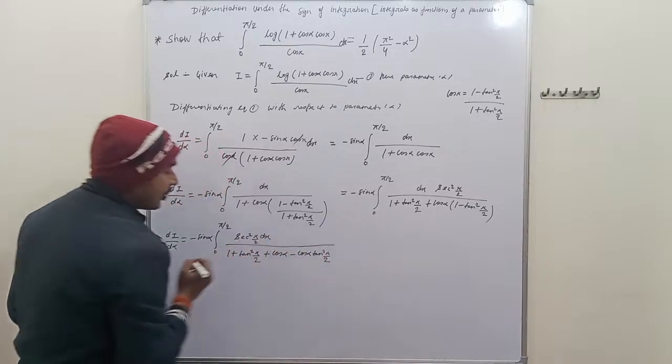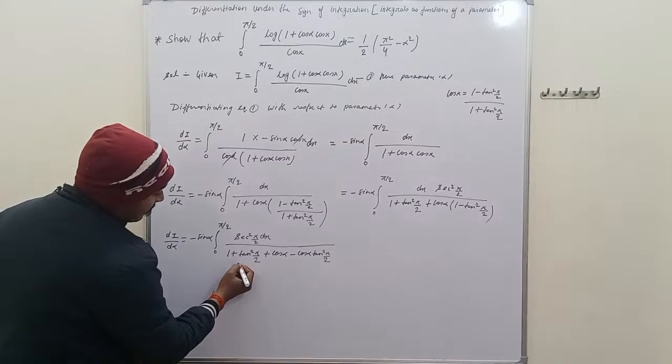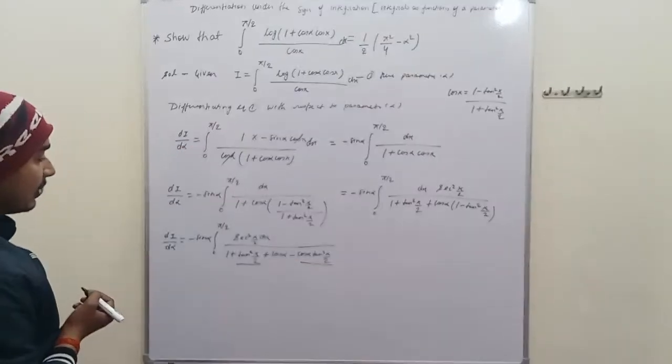Further we take common tan square x by 2 from the denominator.